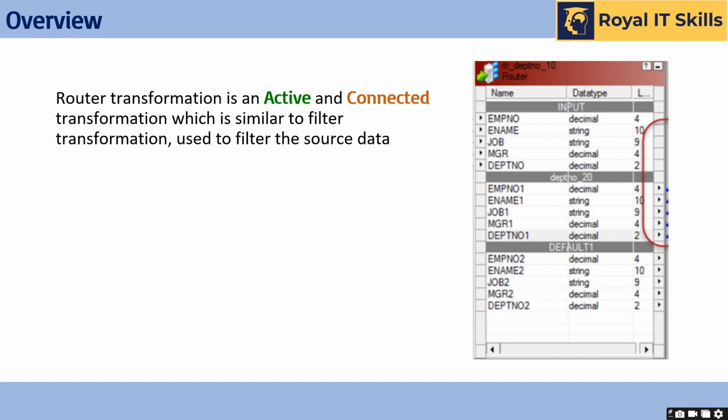So this also filters out the data. Let's say if you have kept only one condition, one group, then it will automatically create another group, that is called the default group.